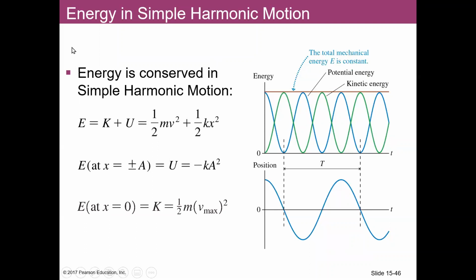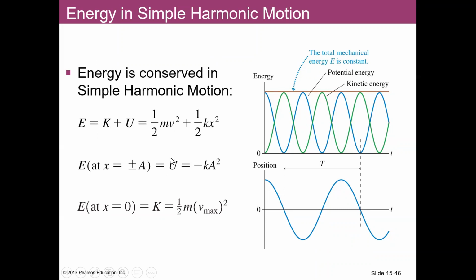Even though this is chapter 15, it's still helpful to review those basic chapter 2 concepts. So the energy is certainly constant, and we also have an expression for the energy of this mass at x equals plus or minus A, for the amplitude of the oscillator.